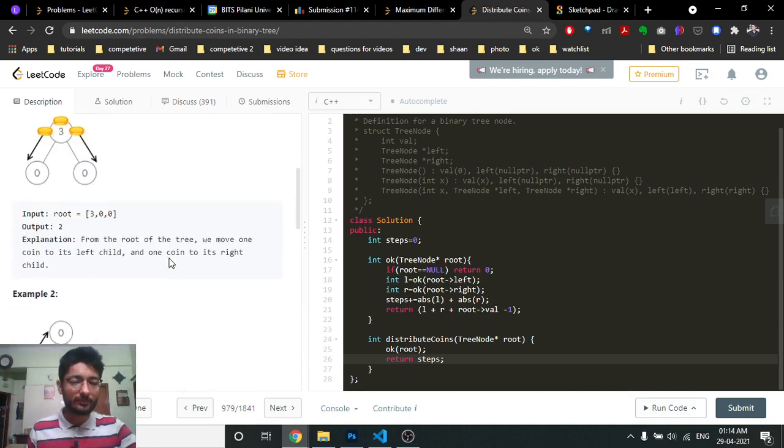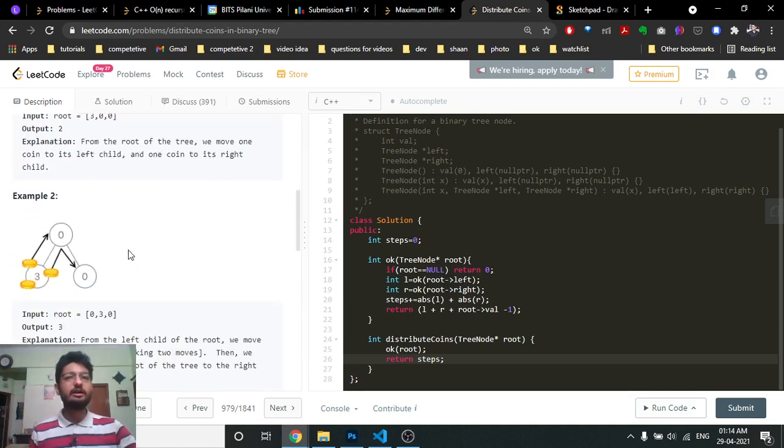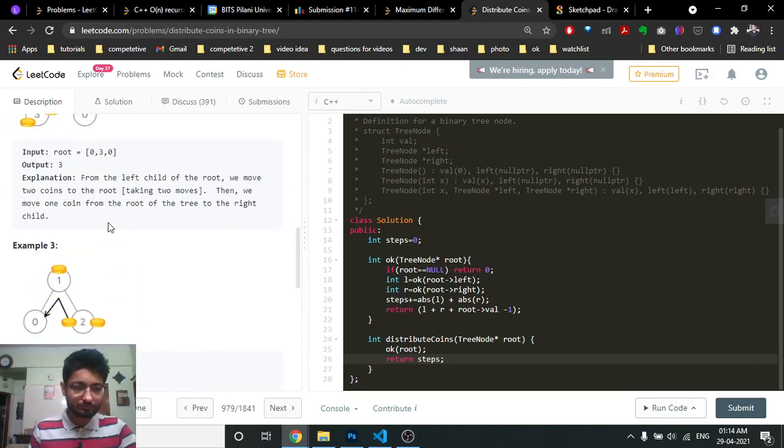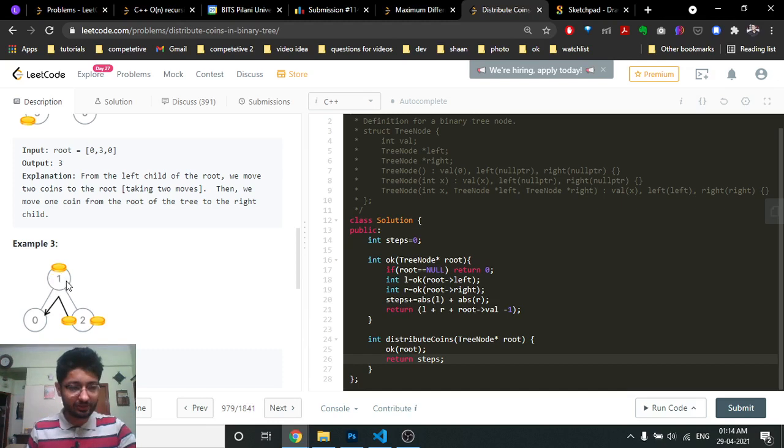So whether it is 1 or -1, it means that I have to somehow transfer these coins there. So as you can see, for this node, from the left node I will get -1, but from the right node I will get how many excess coins this right subtree actually has, or how many coins it requires.